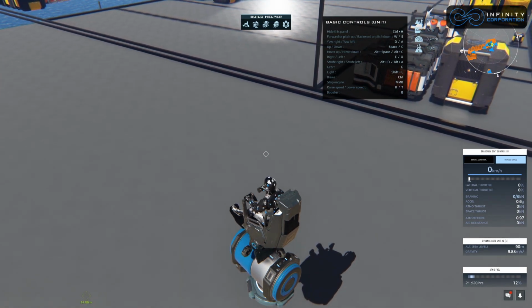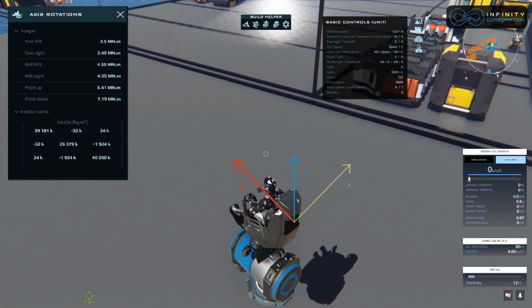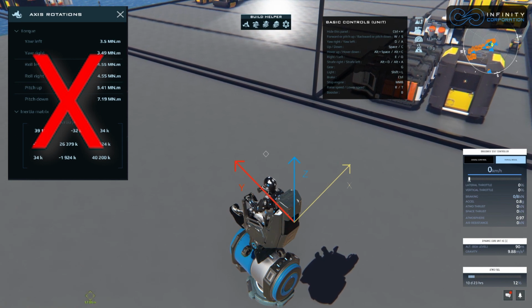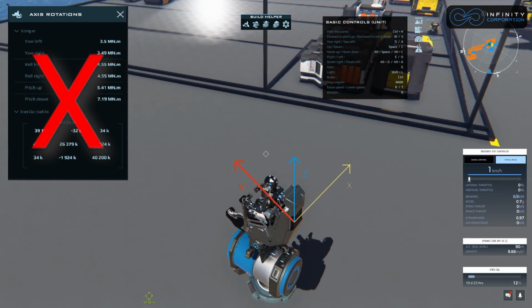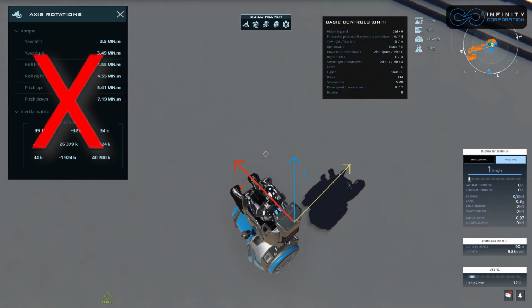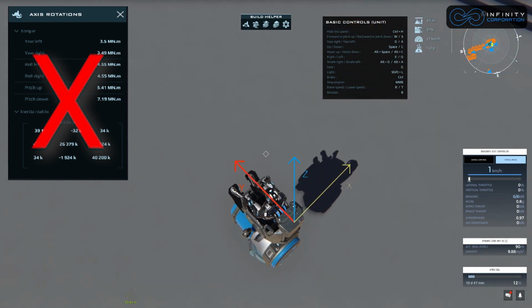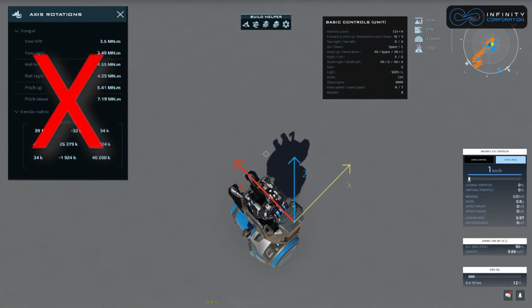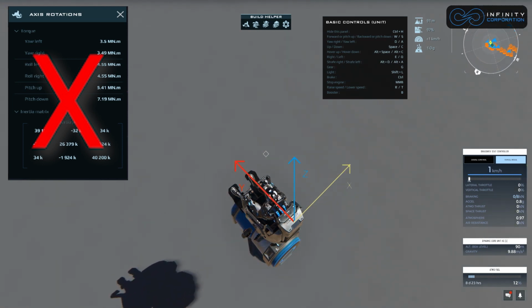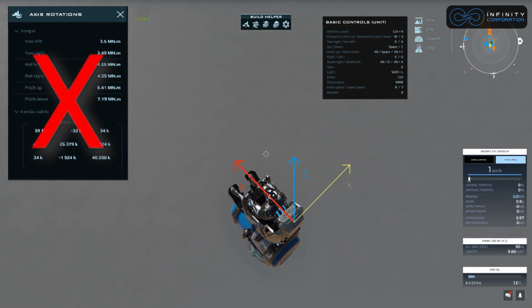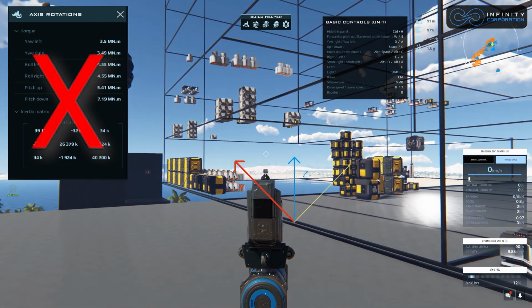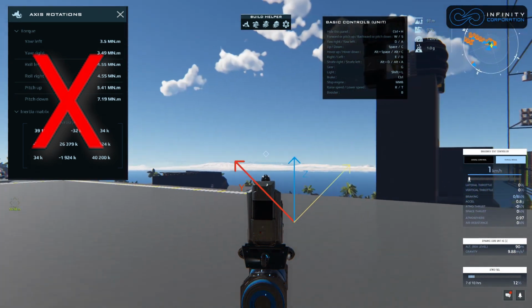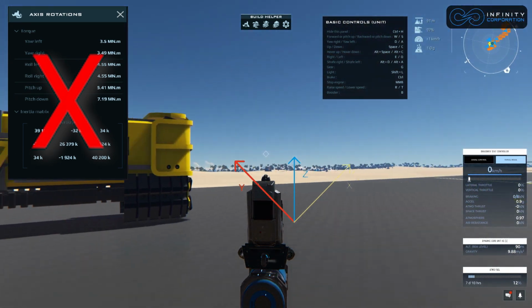So if I bring up my overlay here, ignore the axis rotations of the other ship over there in the corner. Line it up here. So I'm only going to press D to rotate. And as you can see, that's all I get. There's no pitching or tilting. If I stop and look straight, because the ship is balanced, I don't get any other effect.